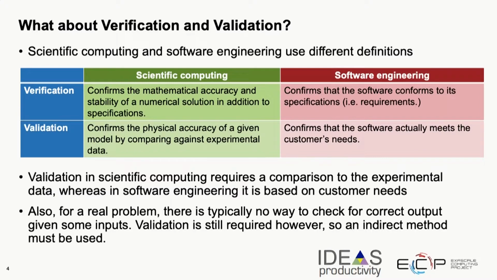So in scientific computing, verification is convincing yourself that the method that you have written is doing what you wanted it to do, which means that the method is implemented correctly. To a software engineer, what that means is that the software conforms to the specifications. Again, validation for the software engineering community means that the software is doing what the customer or the client wanted it to do.